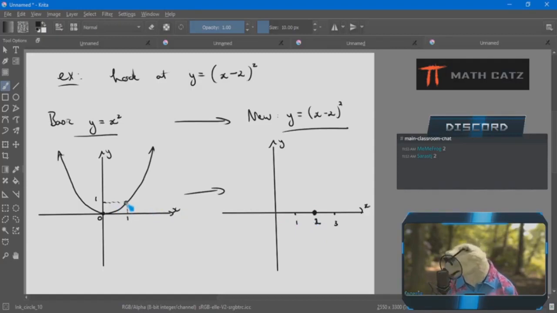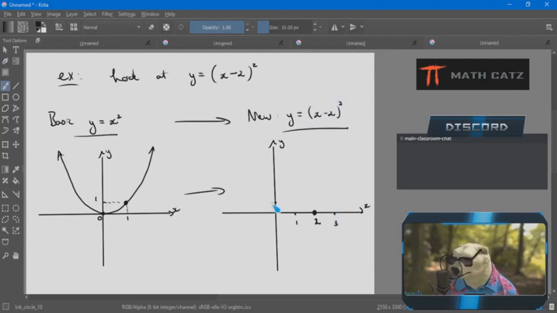Now let's look at on the basic graph, this point 1, 1. If I wanted a y value of 1, among other things, I would have had to plug in x equal to 1. If I want in the new function a y value of 1, I'm going to have to plug in a 3, because 3 minus 2 is 1, 1 squared is 1.